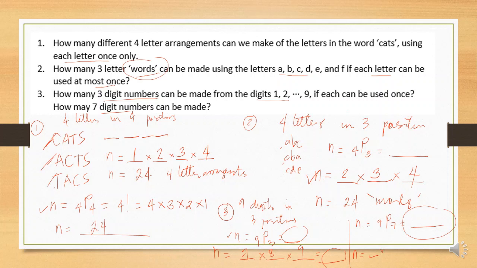So, 1, 2, 3, 4, 5, 6, 7. Okay? So, 9, 8, 7, 6, 5, 4, 3. The answer should be the same with our solution here.